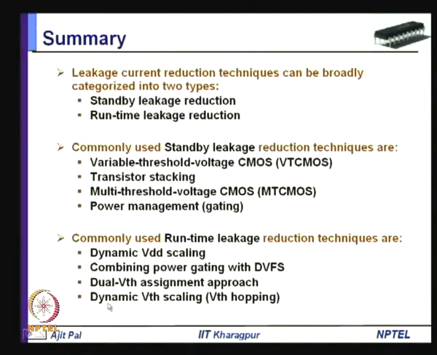And we discussed dynamic VTH scaling, where you change the threshold voltage dynamically as the workload requirement changes. A special case is VTH hopping, where the threshold voltage hops between two threshold voltage and frequency pairs. With this we have come to the end of our discussion on reduction of leakage power.